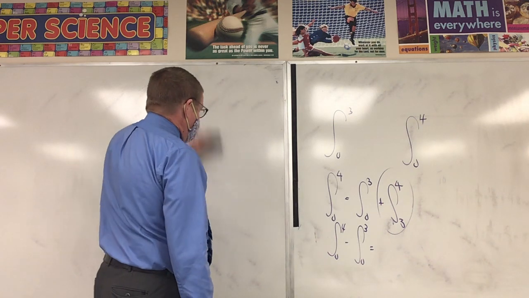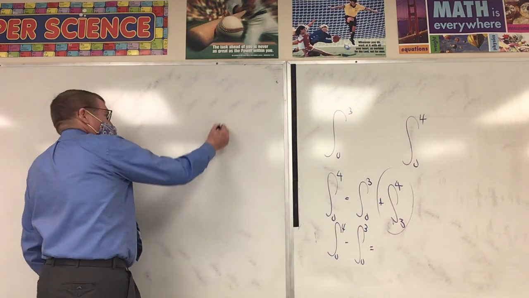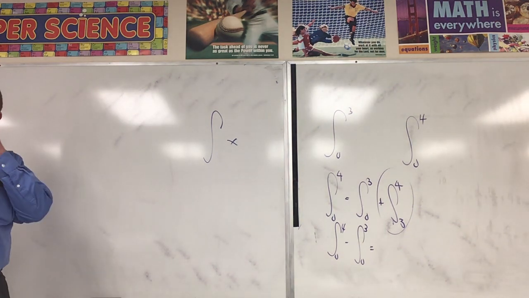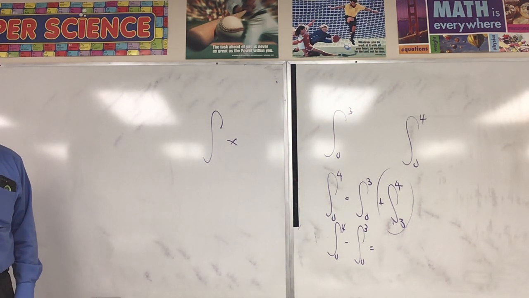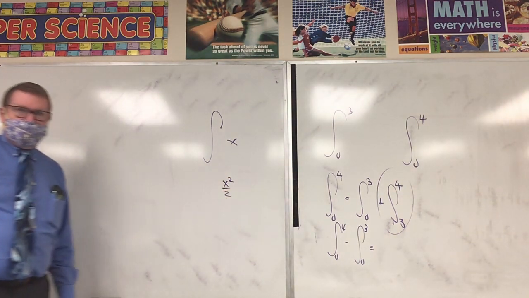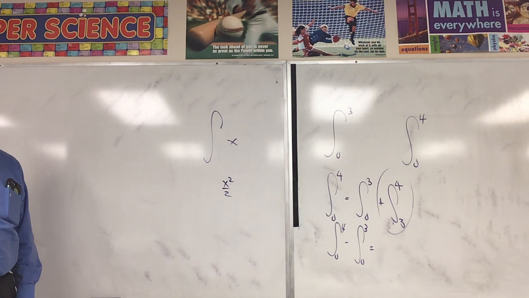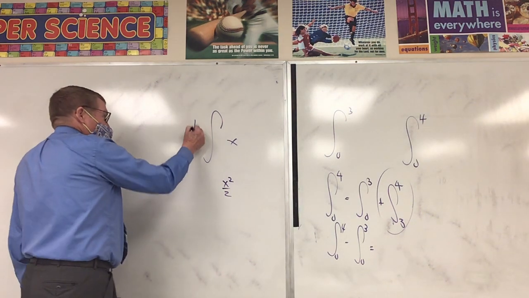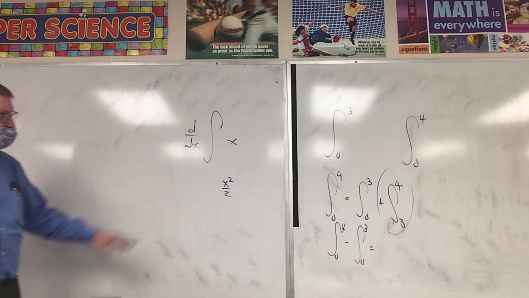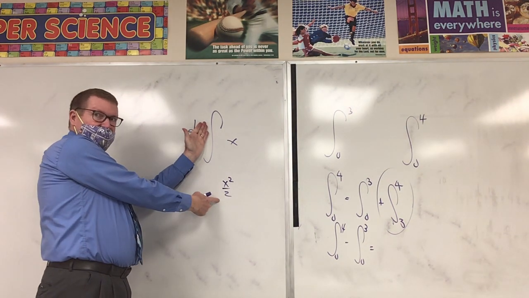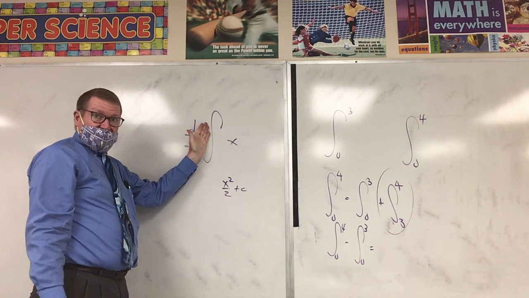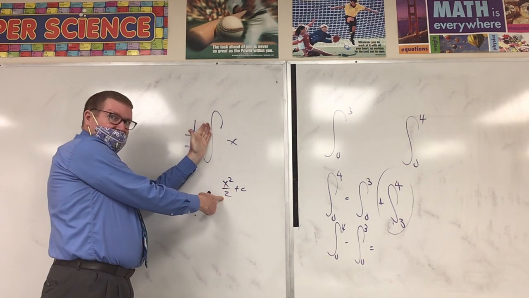But then when we graph it. If I have the integral of, let's say, x, to take the integral, I'm going to take the antiderivative, which is x squared over 2. Correct? So if I take the derivative of that, well, what does this equal? X squared over 2, we could really say plus c. So now when I take the derivative of that, what do I get?